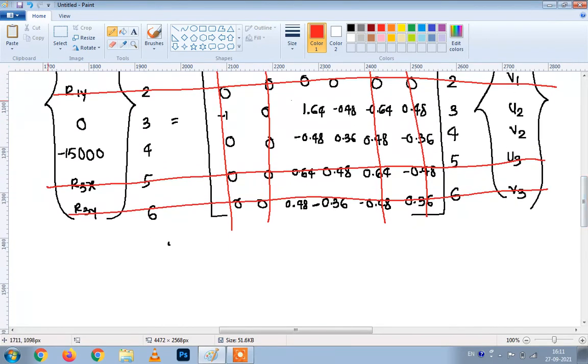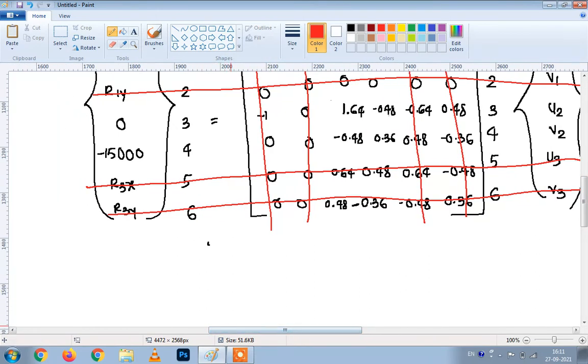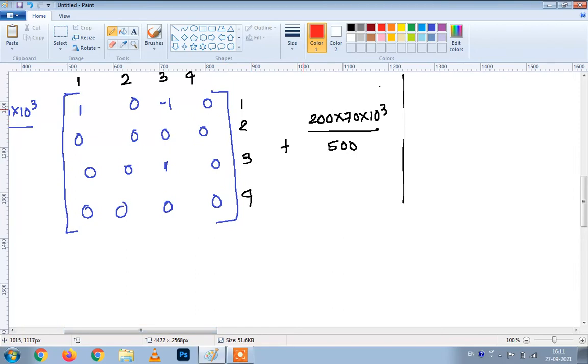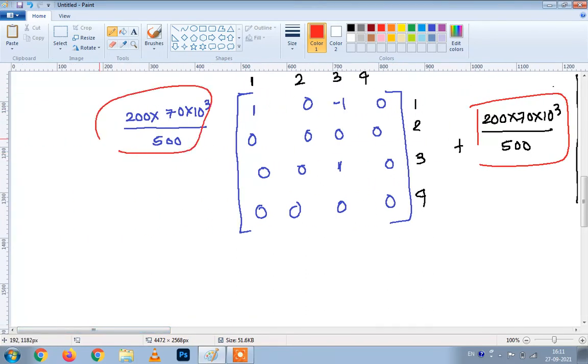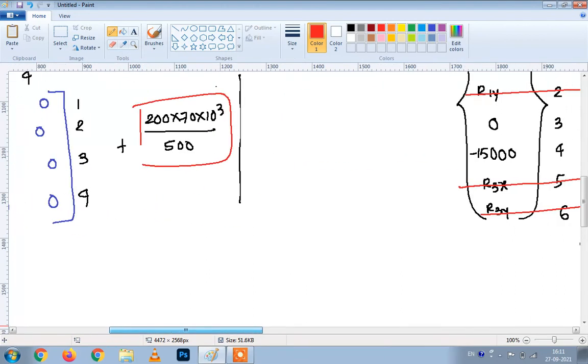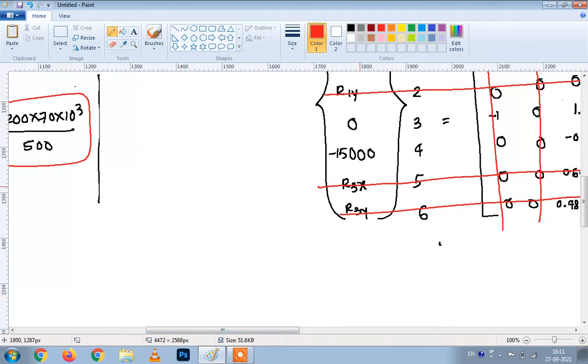So simply we have to write down this equation. Before that, one very important thing: this summation of these two we have to consider, which I forgot to write here. So I will write them quickly. After calculation we are getting its value as 28 into 10 raised to 3.